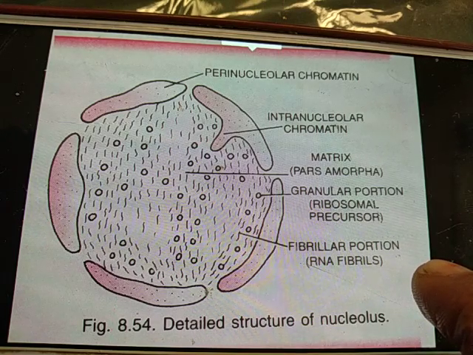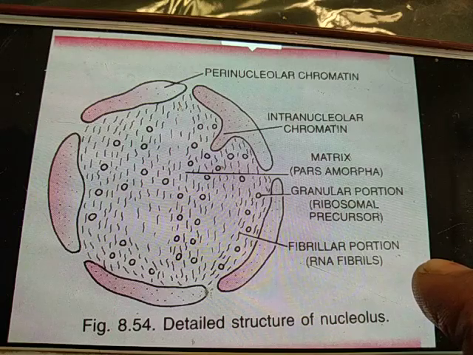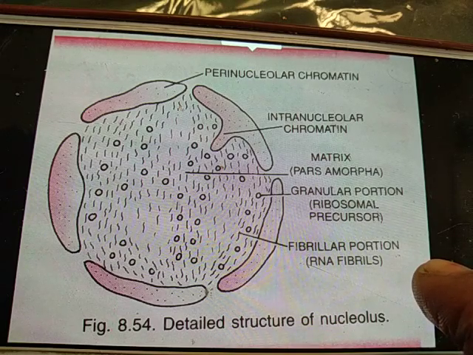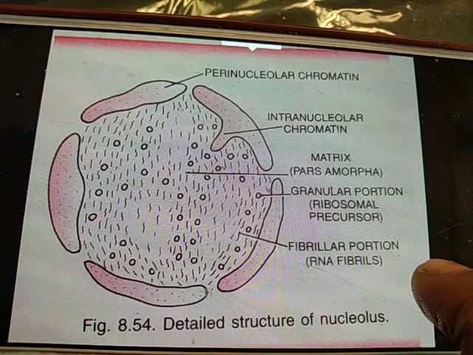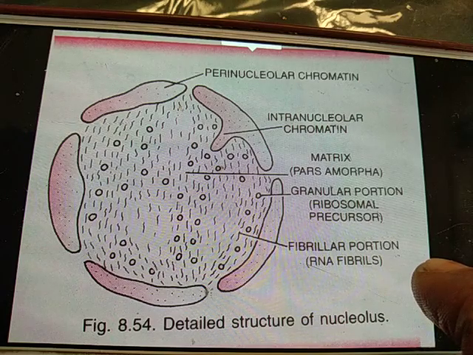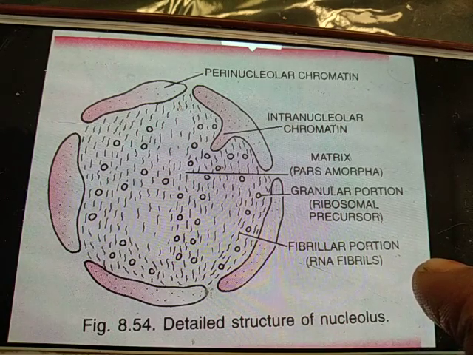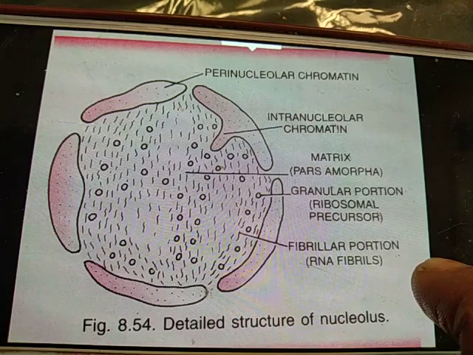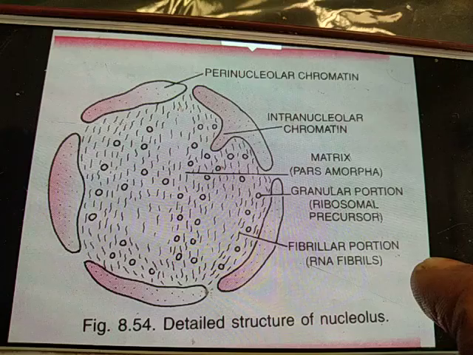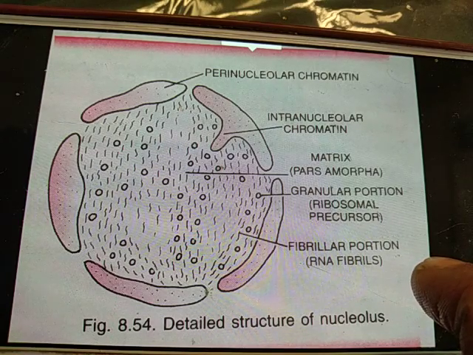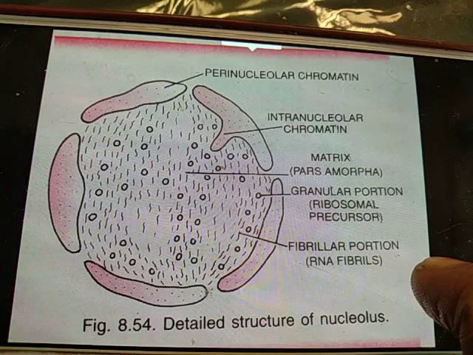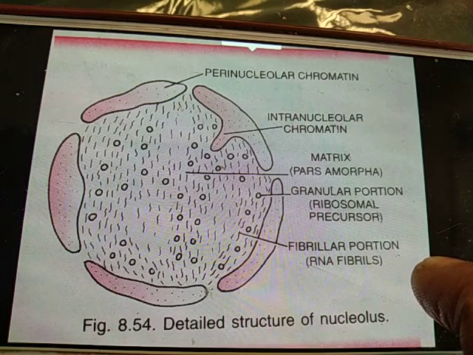Up to 1600 nucleoli are present in the oocyte of Xenopus. A covering membrane is absent around the nucleolus. Because of this, the contents of the nucleolus are in direct contact with the nucleoplasm. However, calcium seems to help in maintaining its configuration.